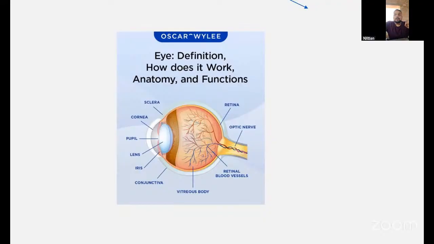Now listen, guys. You have heard that this eye is red in color, this eye is blue in color, green in color. You have heard it or you have seen it. That blue or red or green, the color of the eye is decided by the iris.